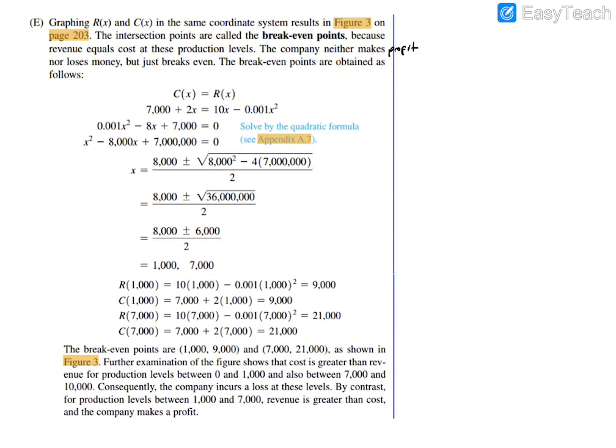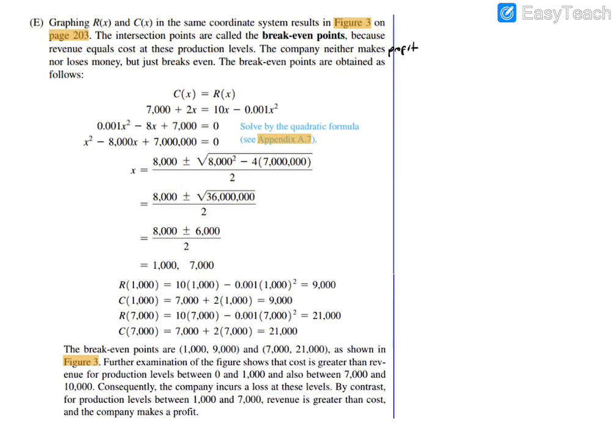Then the break-even points are obtained as follows. Okay, please be careful. Now we have a new definition, break-even point. Up to today we learned several definitions: the equilibrium point for the price demand and price supply equation, and we have learned another one, but I cannot remember now.